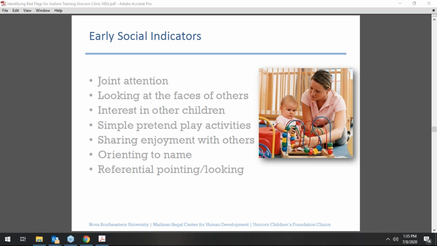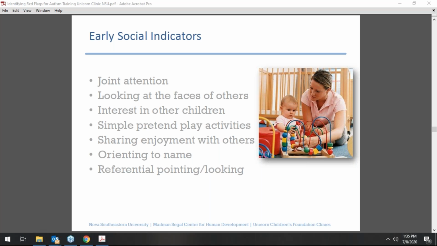One of the things that we look for is whether they respond to their name. Oftentimes we see that they have difficulty responding to their name. Typically you would call a child, say Johnny, and expect them to look over and make eye contact with you. But if a child is on the spectrum, they might not look.